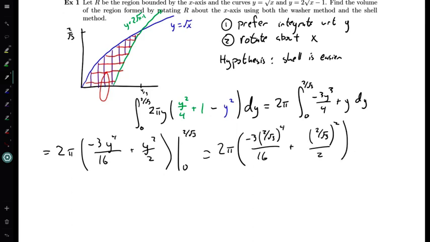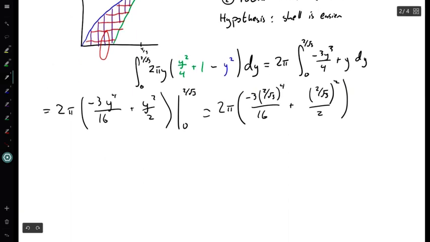All right, next we maybe want to simplify a little bit of the arithmetic here. We want to end up comparing the answer that we're going to get from the shell method here to the answer that we're getting from the washer method. And if our arithmetic looks as nasty as this, it's not going to be easy to compare the answers. So let's simplify some things a little bit. We're going to have this 2 pi out front for a little while.